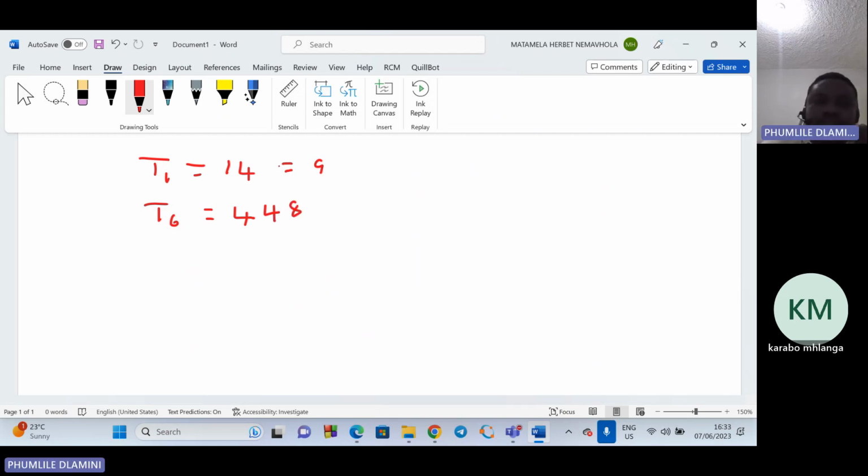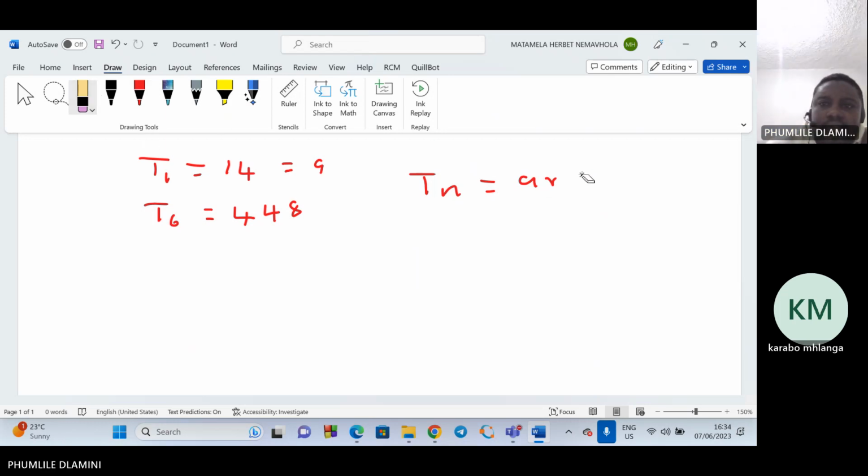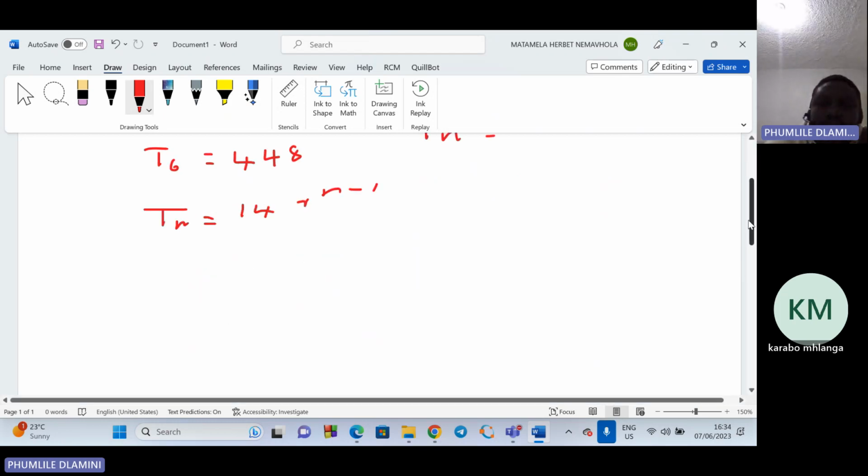We also know that the general formula for Tn is A times R to the power n minus 1. So now in this equation, our Tn is supposed to be in this form. A is 14, so where there is A, we put 14, times R to the power n minus 1. Now we can try to work it out in this way.